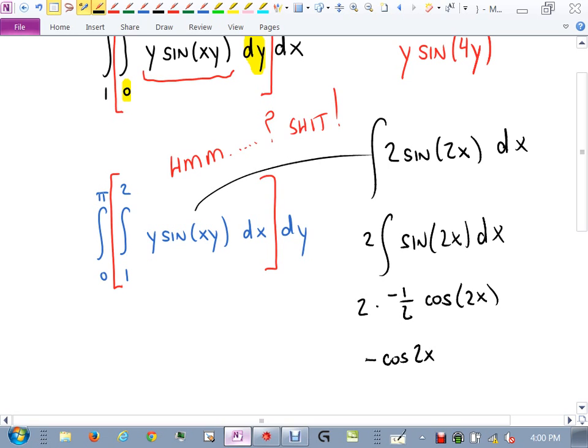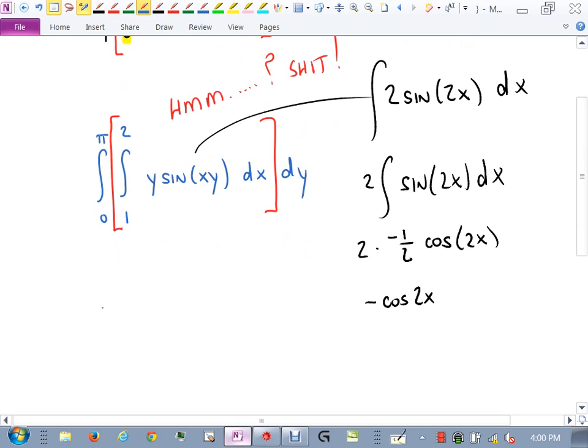And that 1 over y is going to come out here with this y and cancel it out. So we're going to have integral 0 to pi, inside here I'll even write down y times negative 1 over y, which is what we had to scale by.